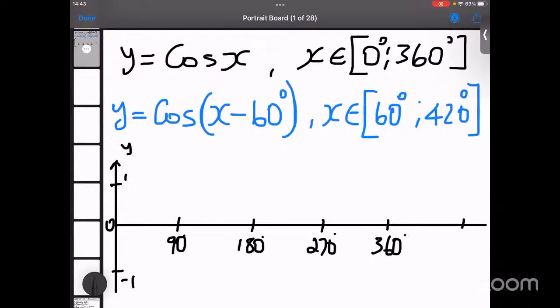So these would be the critical points for that function at the top.